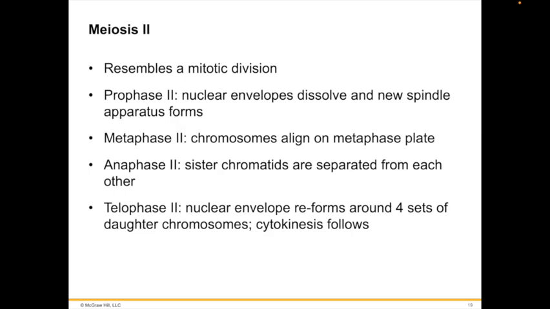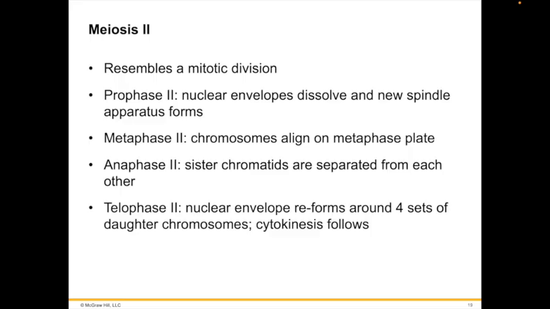Meiosis 2 resembles a normal mitotic division. Prophase 2, metaphase 2, anaphase 2, and telophase 2 follow in quick succession. For instance, at the two poles of the cell, the clusters of chromosomes enter a brief prophase 2, each nuclear envelope breaking down as new spindles form.